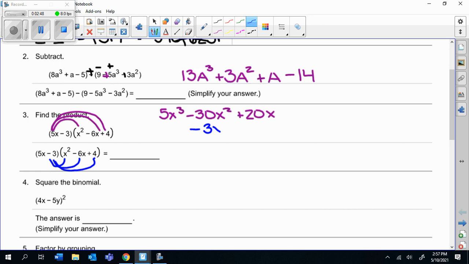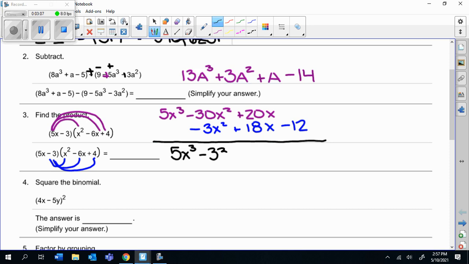Watch how everything lines up. So minus 3x squared plus 18x. And then a negative 12. So when you add your columns straight down, you have 5x to the third minus 33x squared plus 38x minus 12.